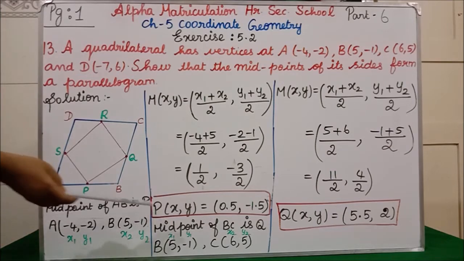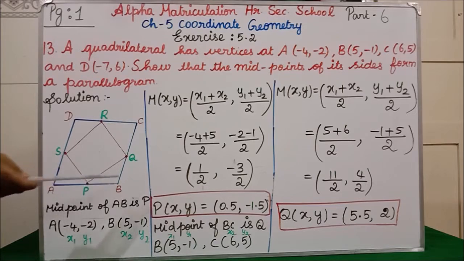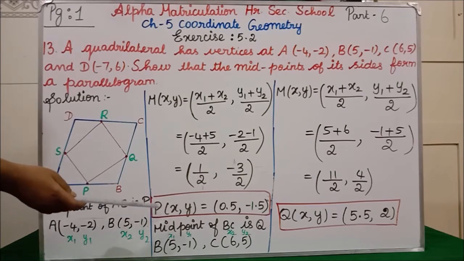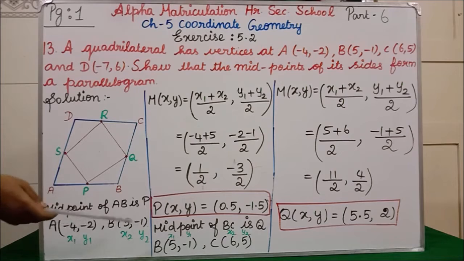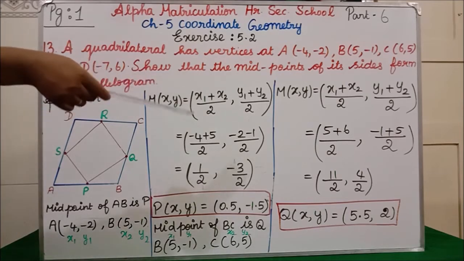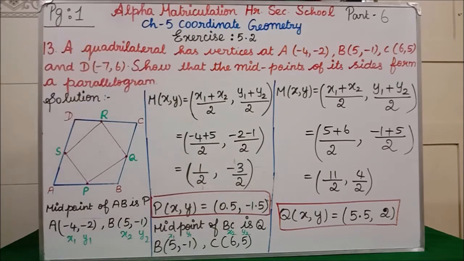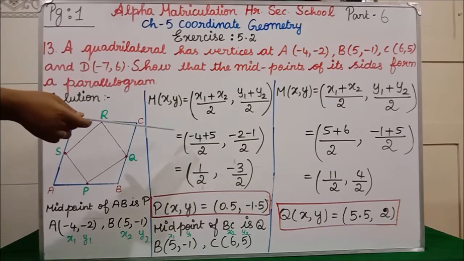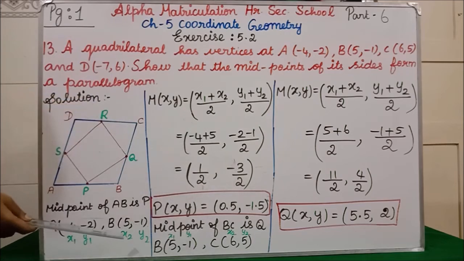Midpoint of AB is P. First we are taking side AB, whose points A and B are given. We take x1, y1, x2, y2 and apply the midpoint formula: x1 plus x2 by 2, comma y1 plus y2 by 2. x1 is minus 4, x2 is 5, divided by 2, comma y1 is minus 2, y2 is minus 1.